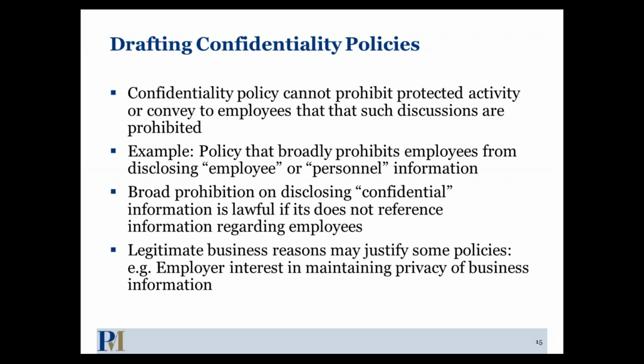And if in doubt, you always want to put something in your confidentiality policy or in your handbook that basically says nothing in here is intended to interfere with your Section 7 rights. But that's often not enough on its own, but it's a good thing. It's something we can point to that says, look, if we have a squabble over a couple of words here, it's clear that that's not what we intended and that we were thinking about Section 7 rights when we drafted this thing.